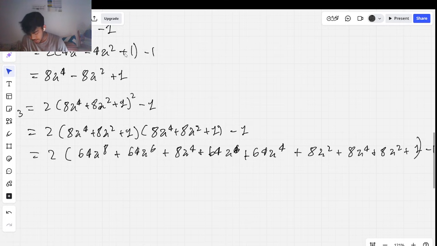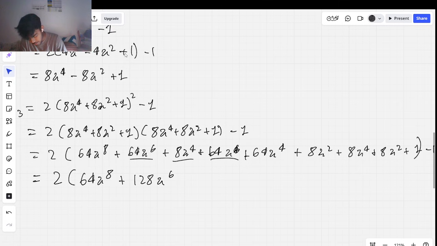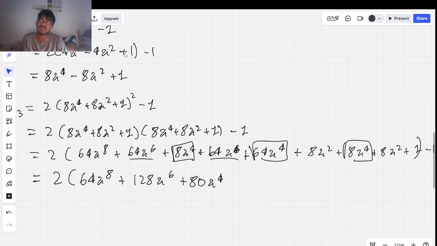Now I have to simplify this. How many a to the 8 terms, or just one? How many 64 a to the 6? I have one, two of those, that's 128 in total. How many a to the 4 of them do I have? That's one, two, and three. So this is 16 plus 64, which is 80. I'm just going to check. 74 plus 6, 80.